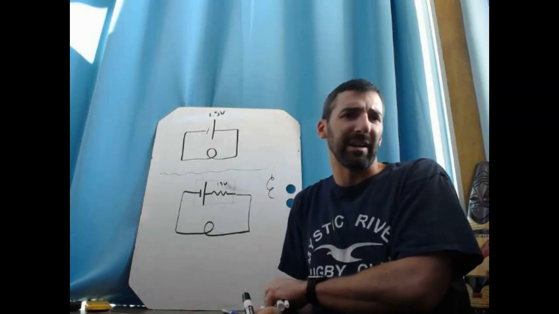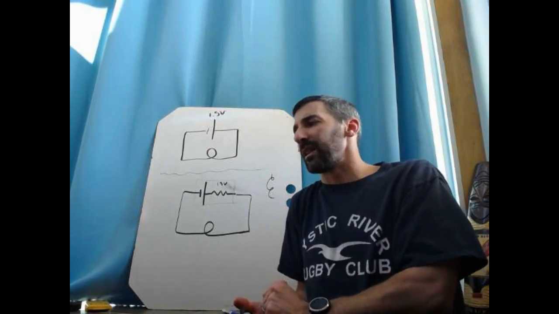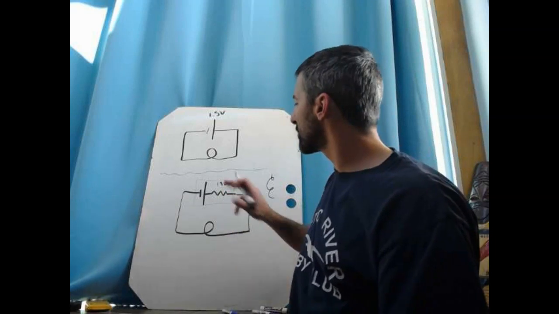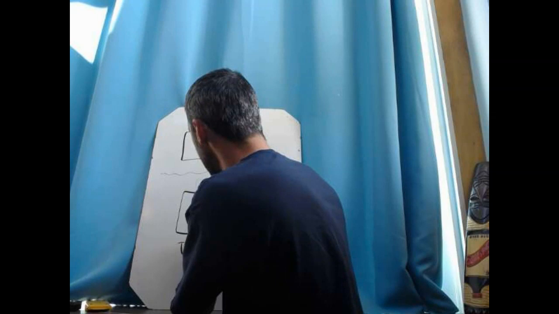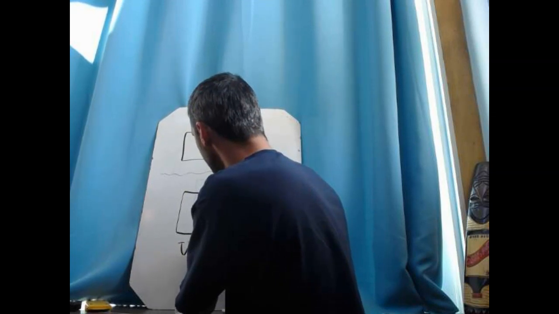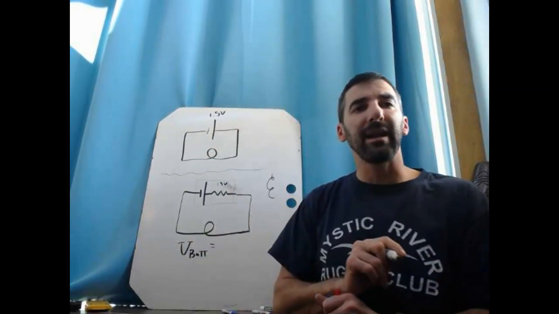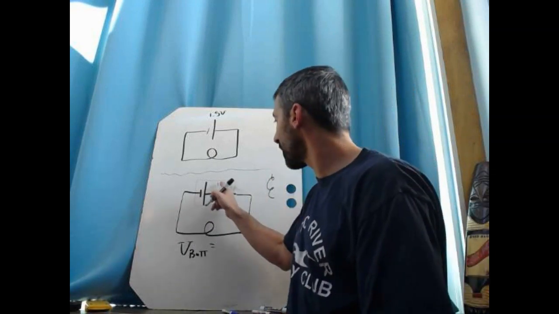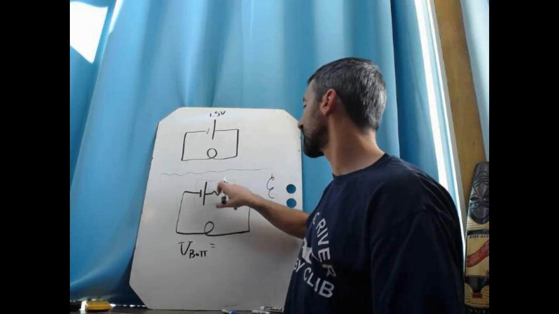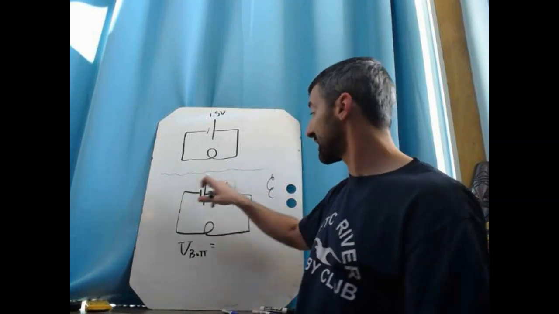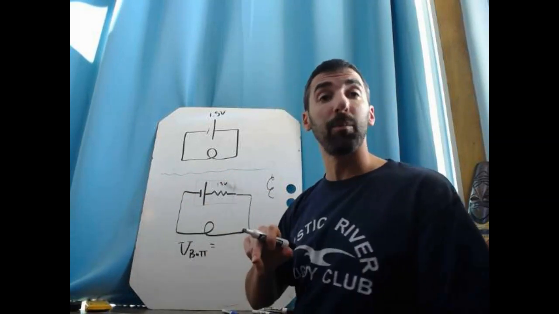Now, mine is not very neat because I'm me, and you all have learned that by now. But if I wanted the voltage or the potential difference of my battery, then that would have to account for this internal resistance. Well, I know that I have electricity or charge carriers coming out of the positive side, high potential to a low potential.